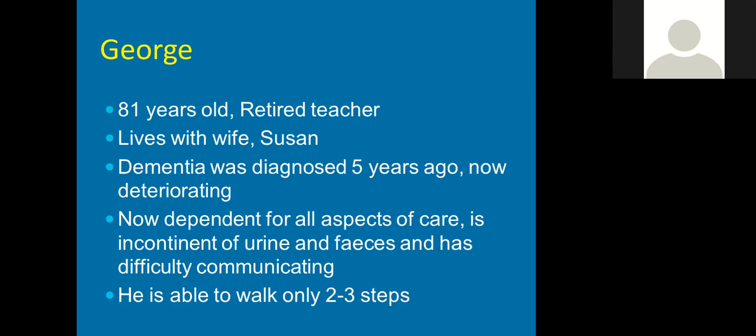Very few people understand that it is progressive and incurable, and often it leads very soon to advanced dementia and death. George was dependent on all aspects of care, incontinent of urine and stool, and had difficulty communicating. He was able to walk only a few steps and needed assistance to walk. He also had a lot of resistance and stiffness for various reasons. Next slide.